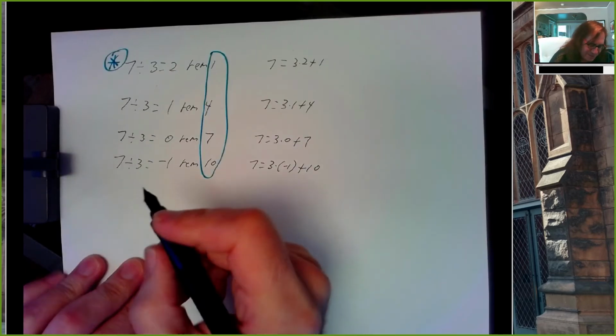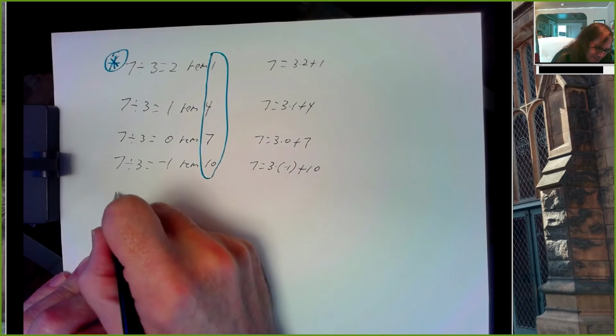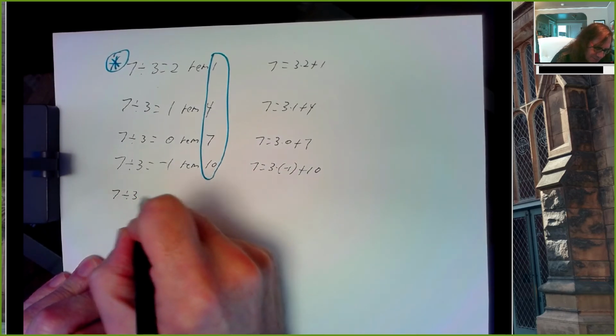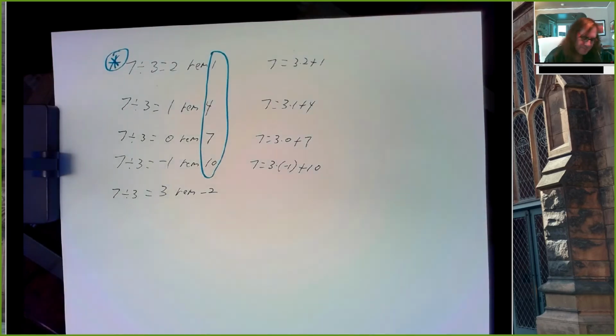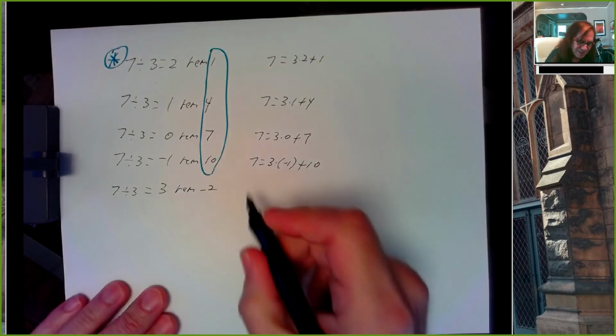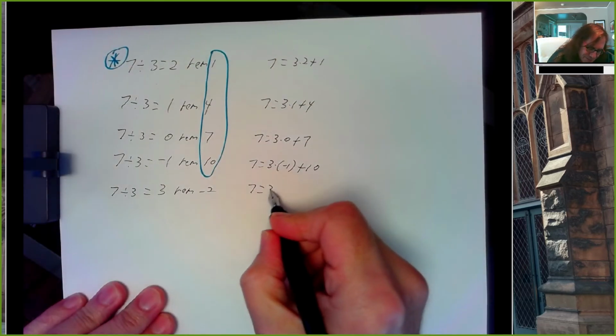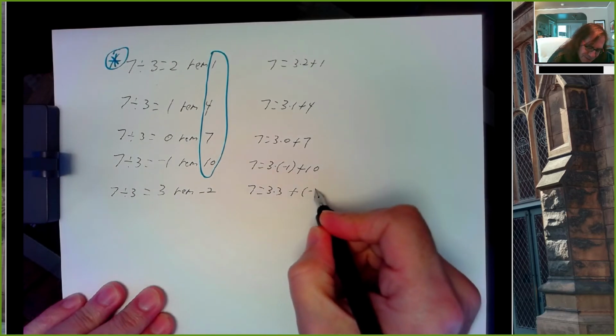And let me give you another way to give me a headache. Seven divided by 3, well, it goes in 3 times with -2 left over, which just says 7 equals 3 times 3 plus -2.